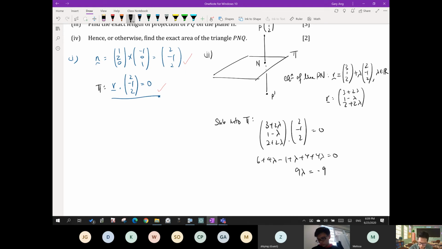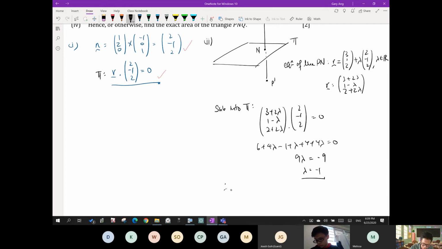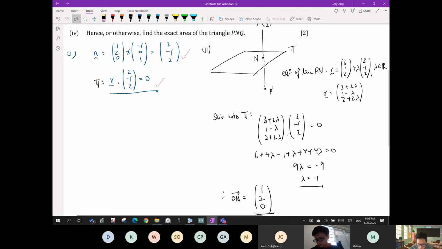Correct? 10 minus 1 is okay. So lambda equals minus 1. So once you get lambda equal to minus 1, put it back here and you get the point N. 1, 2, 0. That's the point N.